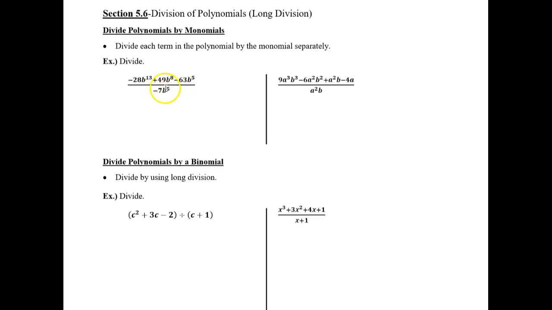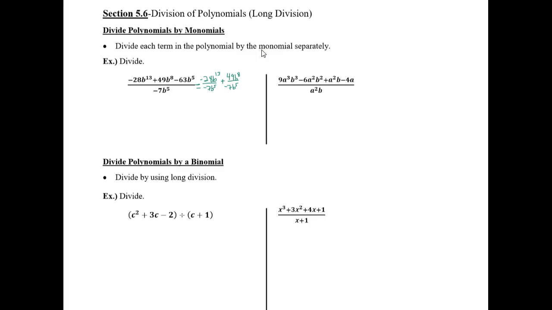When we have division by one term, we can break it up into each piece. So negative 28b to the 13th is divided by negative 7b to the 5th, plus 49b to the 8th is being divided by negative 7b to the 5th.